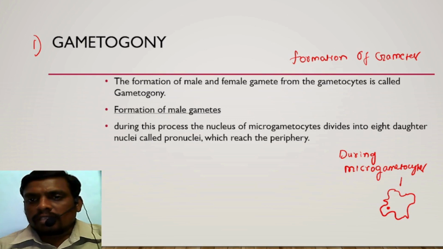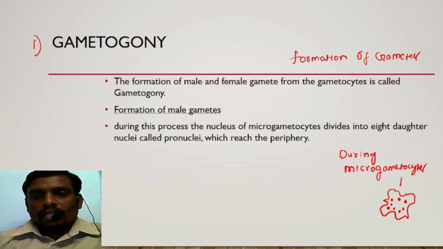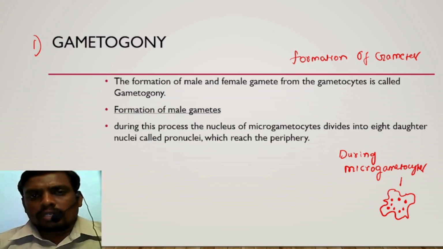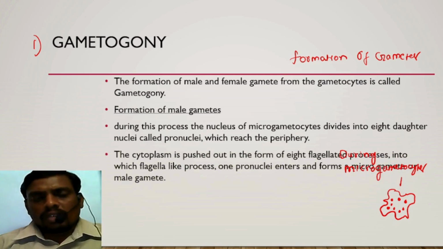How many pronuclei? 1, 2, 3, 4, 5, 6, 7, and the last one 8. These 8 pronuclei are pushed to the peripheral region of the Plasmodium.